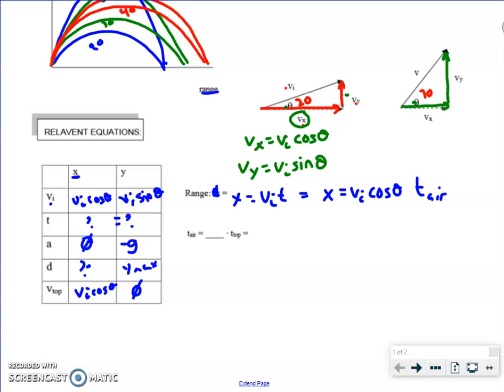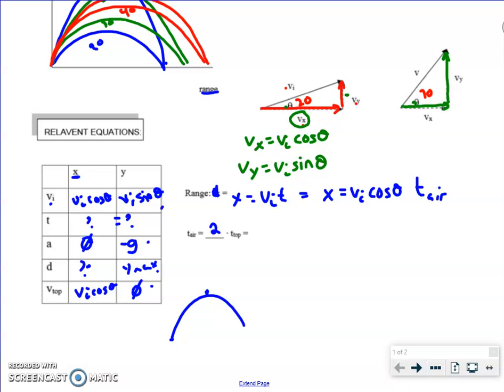Now, we know that time in the air is twice the time it takes to go from bottom to top, or top to bottom. So again, if I draw this, if I want the total time in the air, I can figure out how much time it takes to get from here to here, and then double it because it's the same down. And so if I want to figure out the time it takes to get to the top, I have this information, actually I don't have y max.